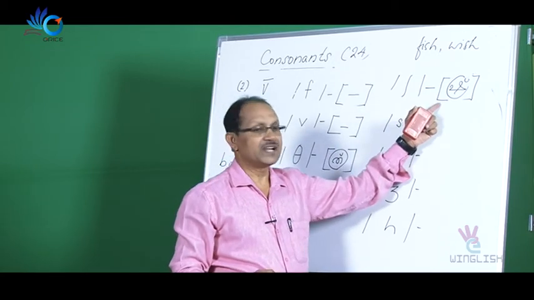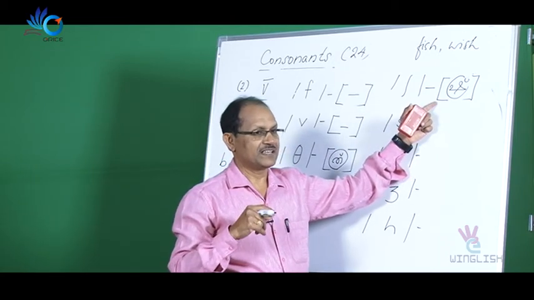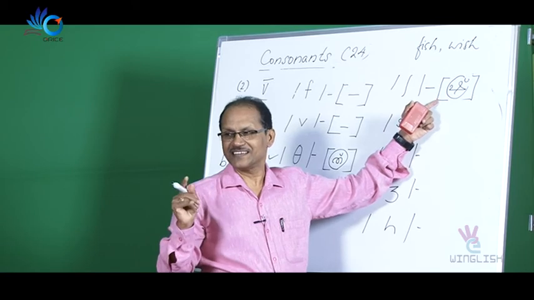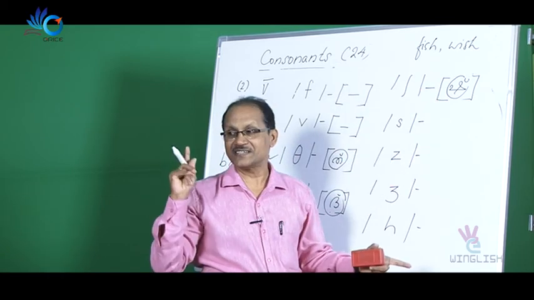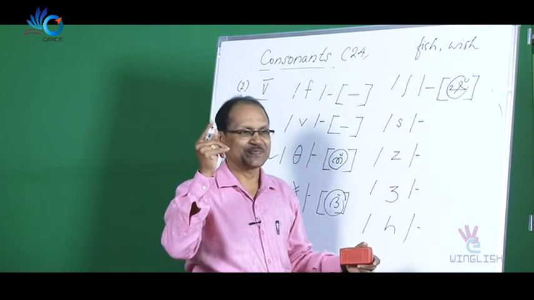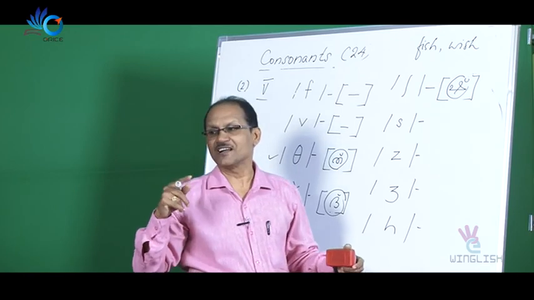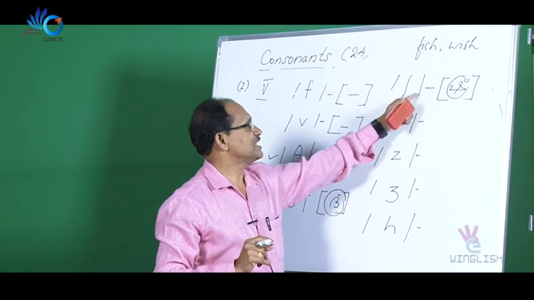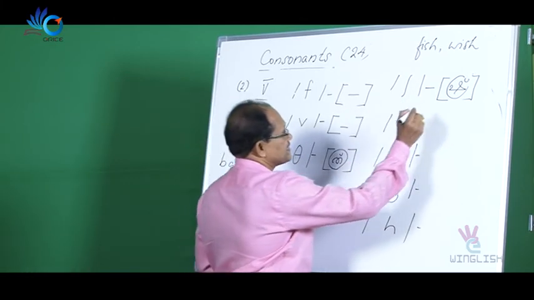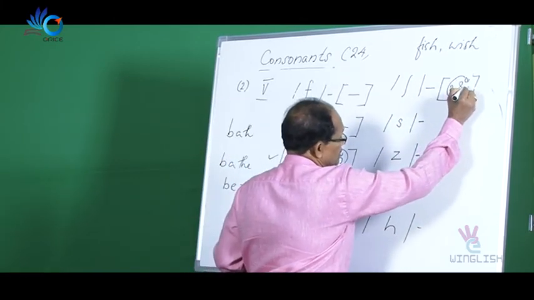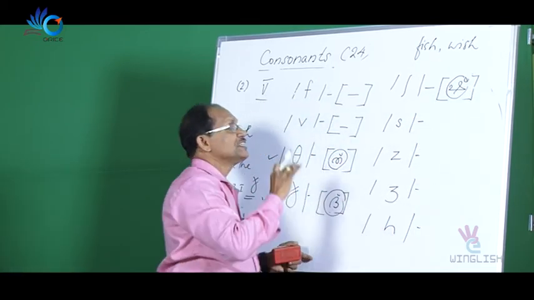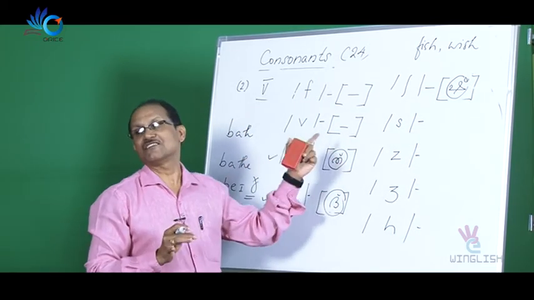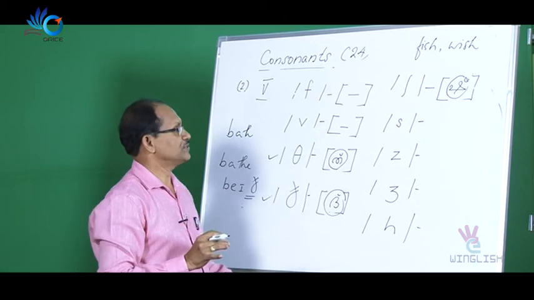So, in English it is wish, ch, ch. Malayalam, no problem, fish, wish, but RP, standard English, ch, ch. Got it? Since it is slightly different, it is better you put it in a circle just to show that it is slightly different from our Malayalam sounds.